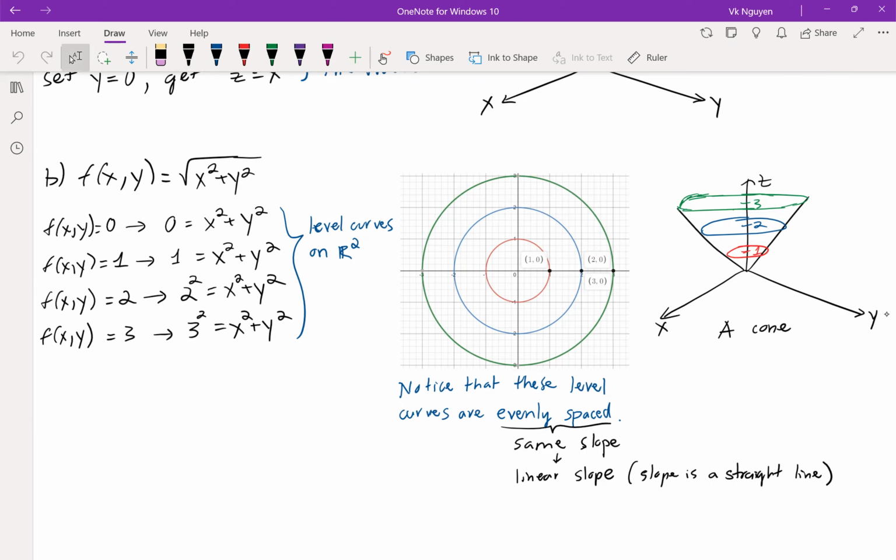If you let x equal 0, you get z equal to, I'll do the traces there. Notice that traces are straight lines. Let x equal to 0.